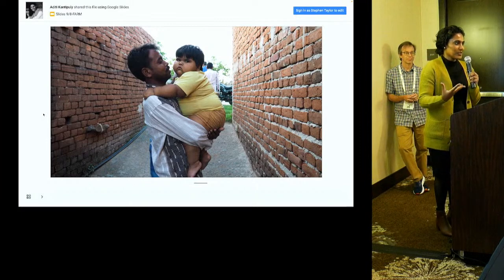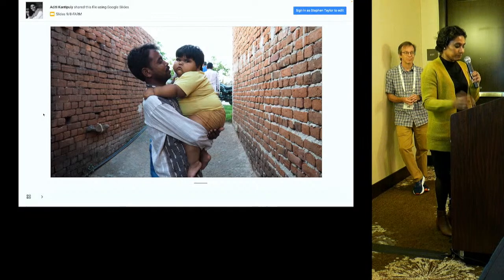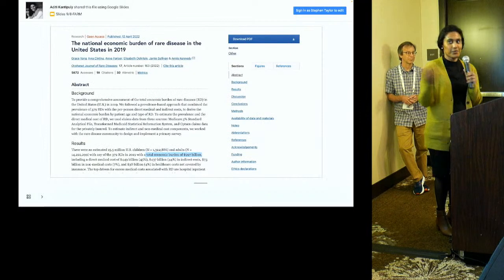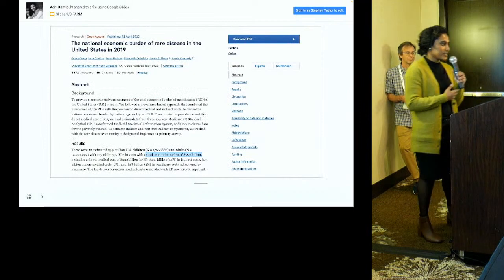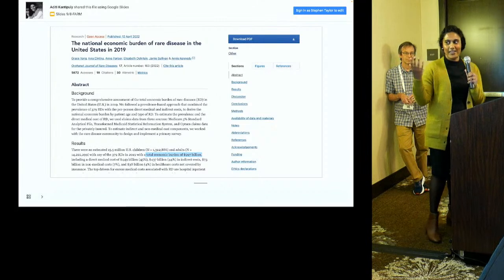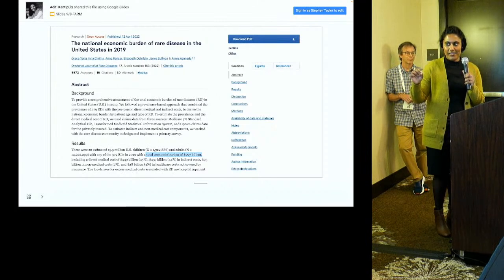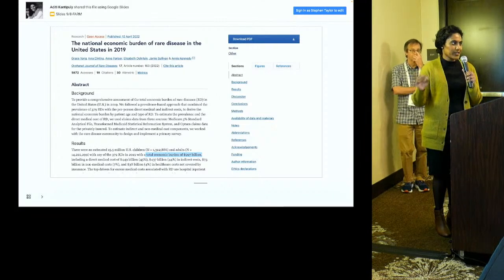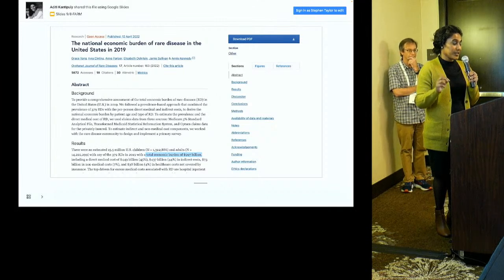And so you might be wondering, if I don't have a rare genetic disease, why should I care? In 2019, there was a landmark study that analyzed the economic burden of rare diseases on the U.S. economy, and the estimated burden was about $997 billion. That's per year.